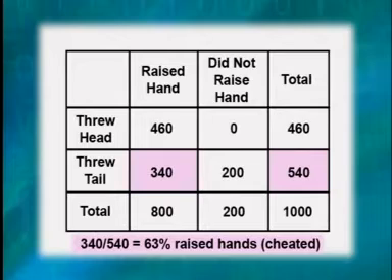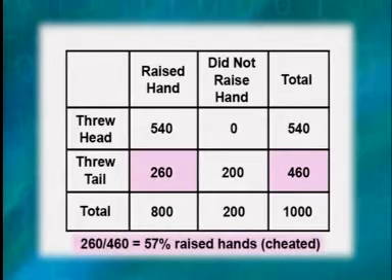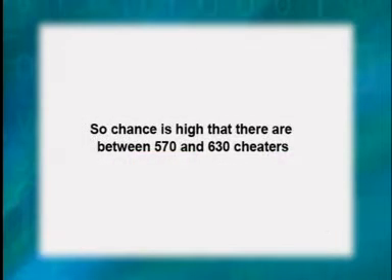And then we can do the same analysis on the other side. Suppose that 540 people threw a heads, we can go through the same analysis and deduce what percentage cheated, 57%. And so we have a range of between 570 and 630 cheaters in the room as a good estimate for the likely number of cheaters there are.